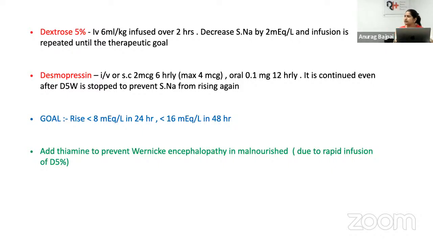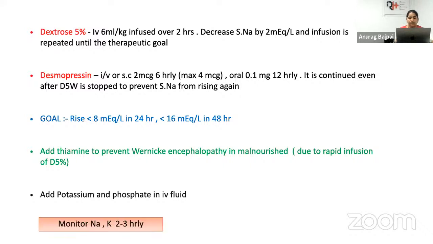We also supplemented potassium in this patient. And we have also added thiamine to prevent Wernicke's encephalopathy because the patient was malnourished. We supplemented potassium, as Sir has already discussed, because the infusion of dextrose will trigger insulin and it will cause hypokalemia. And monitor sodium and potassium 2 to 3 hourly and urine output hourly.